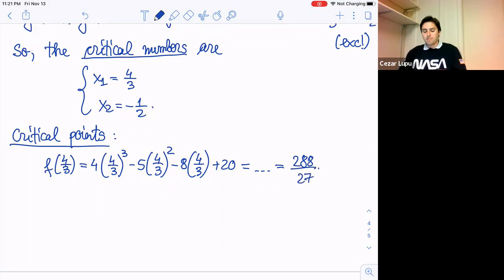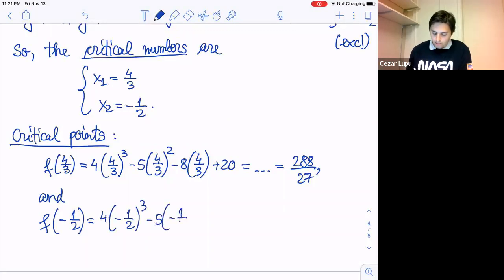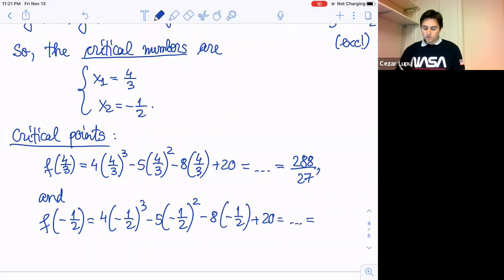Now we can also evaluate f at negative 1/2, which will be 4 times negative 1/2 cubed minus 5 times negative 1/2 squared minus 8 times negative 1/2 plus 20. After some computations, this would give us 89 over 4.